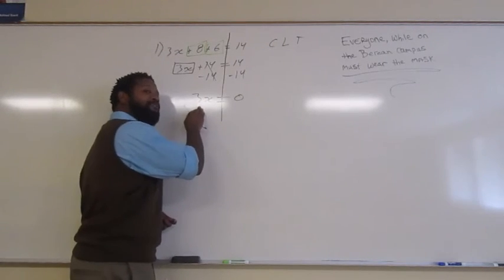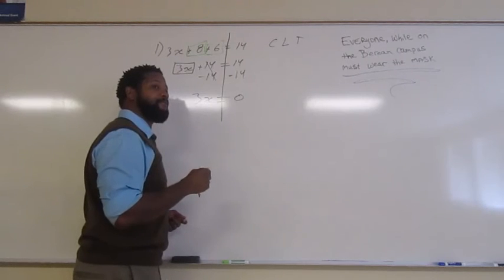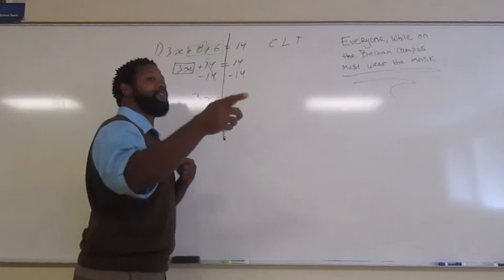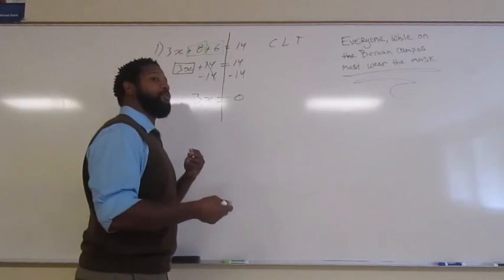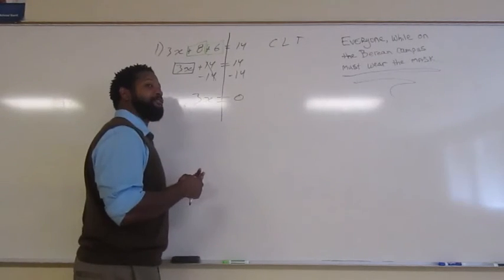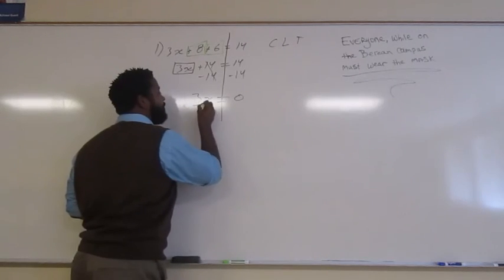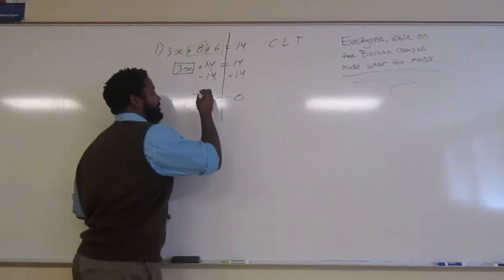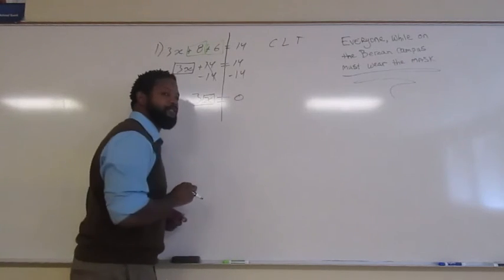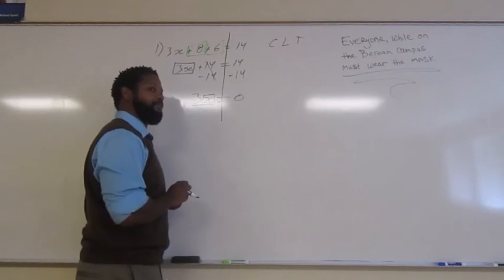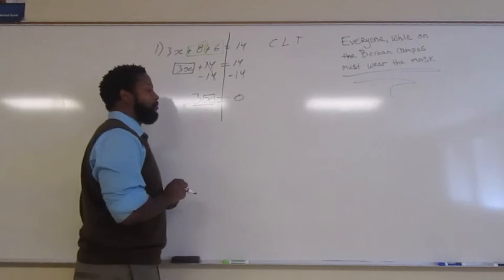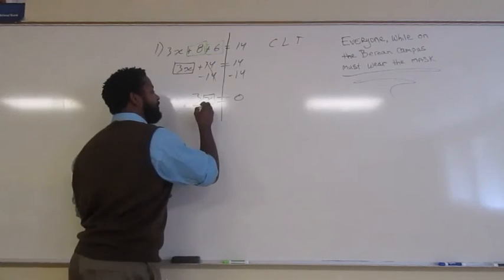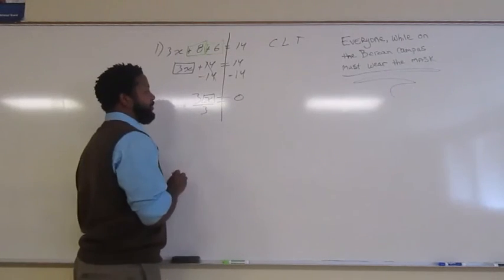So what's the opposite of multiplication? What do you think the opposite of multiplication is? The opposite of addition is subtraction. So what is the opposite of multiplication? Division. Good job. So we have to divide. What do we have to divide to get the x by itself? What is right there with the x? 3. We have to divide the 3 to get the x by itself.